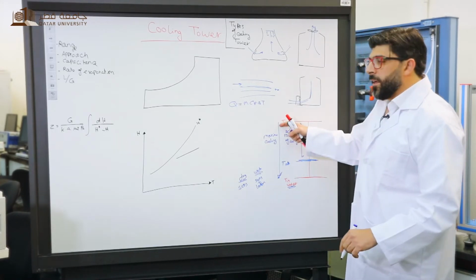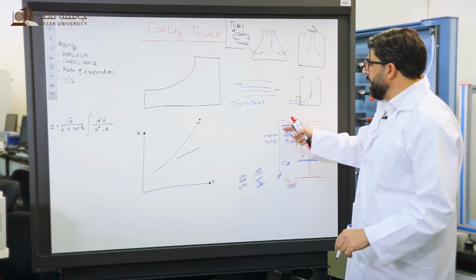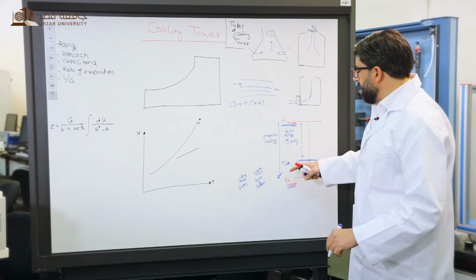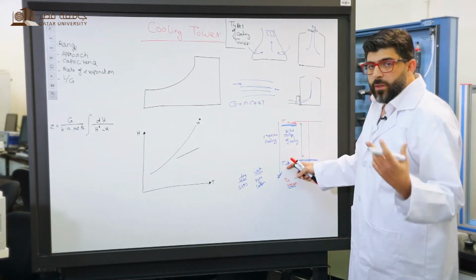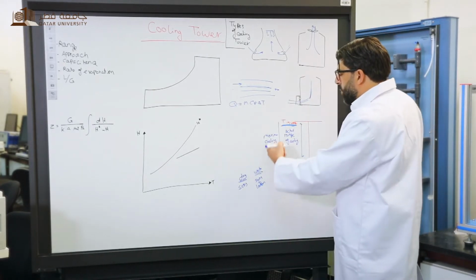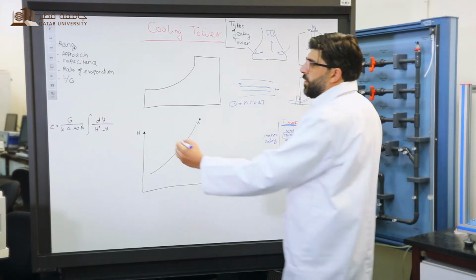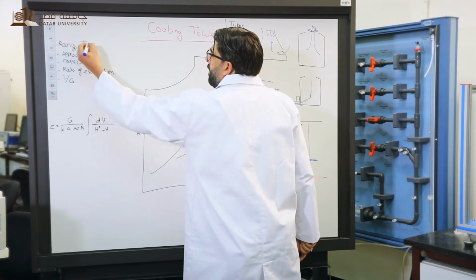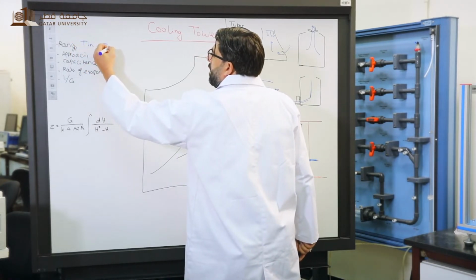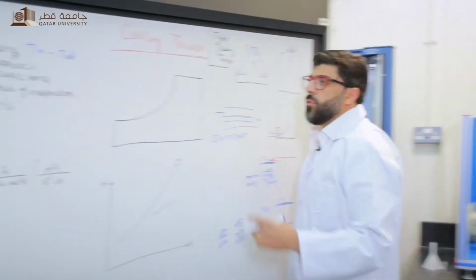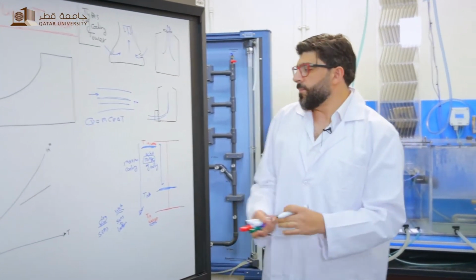We have T in and T out. T in is the temperature of the inlet water and T out is the temperature of the outlet water. The difference between them is the range: T in minus T out.